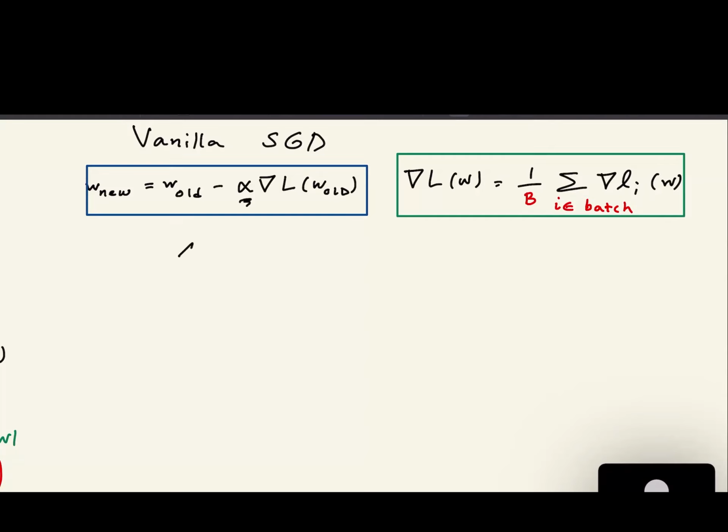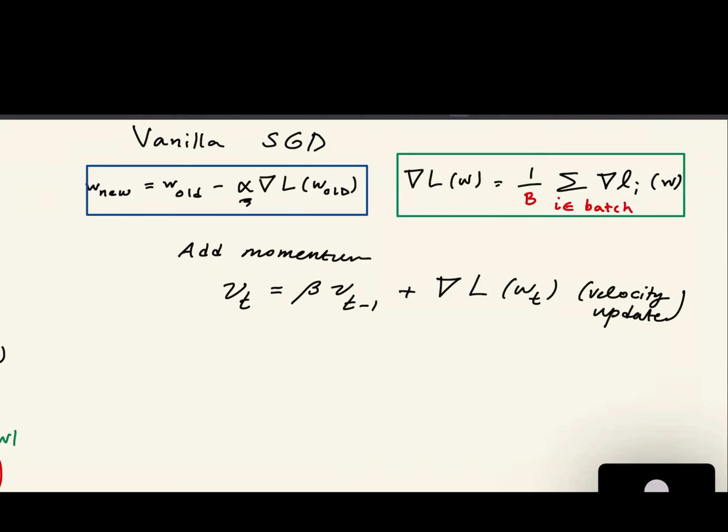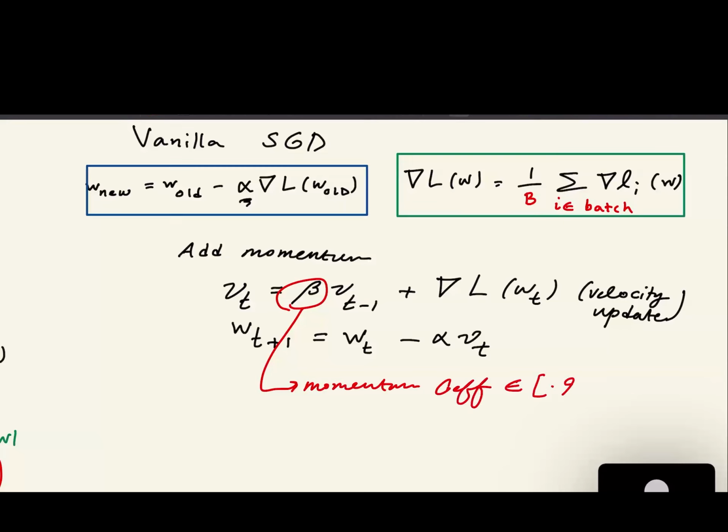One option is adding momentum. By adding momentum, I mean that instead of using the W's directly, we update the momentum based on the gradient. This is known as the velocity update, which then will do the update on the parameters. Here we call beta the momentum coefficient, which typically takes values between 0.9 and 0.99.